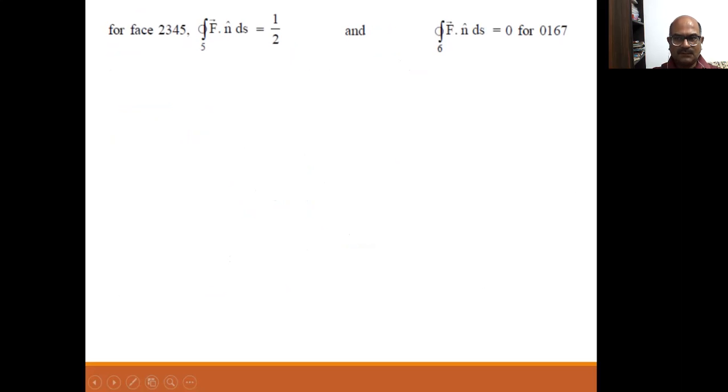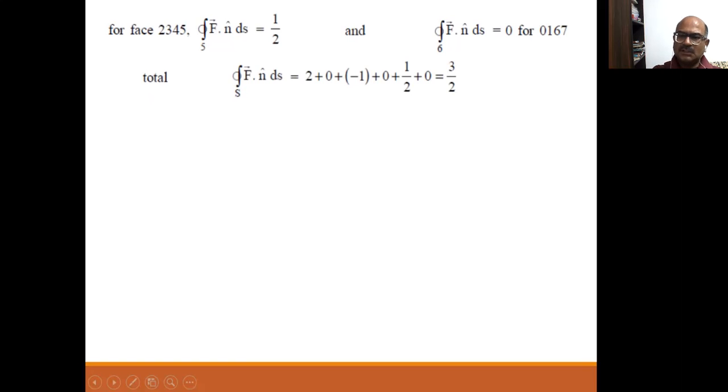And for the reverse surface, which is the last surface of the cube, the sixth surface, F dot n will be 0. So all these values we can find by using the concept of the surface integral. So the total surface integral over the entire cube is the sum of all, that will be 3 by 2.